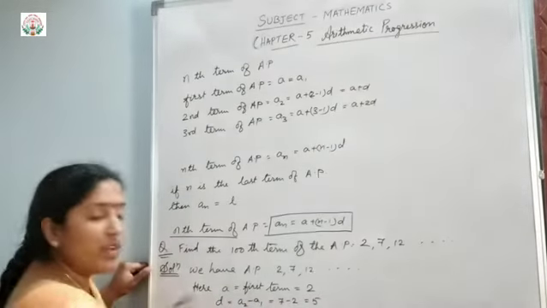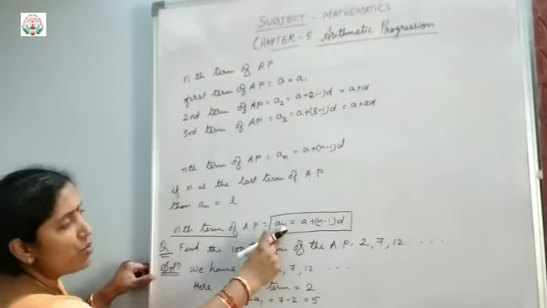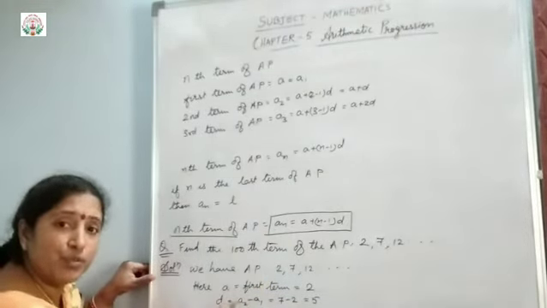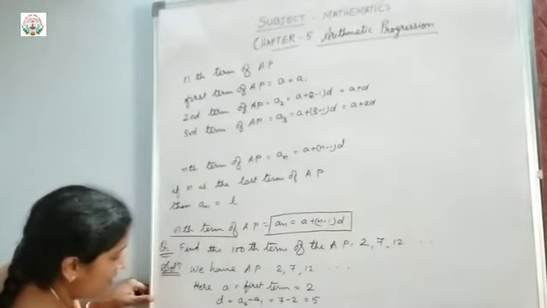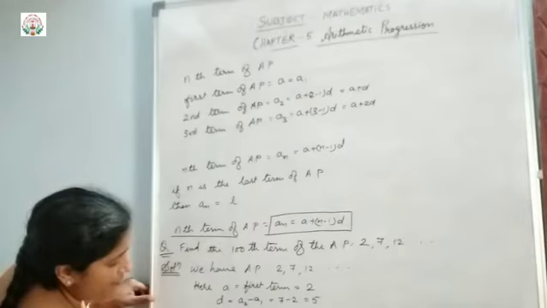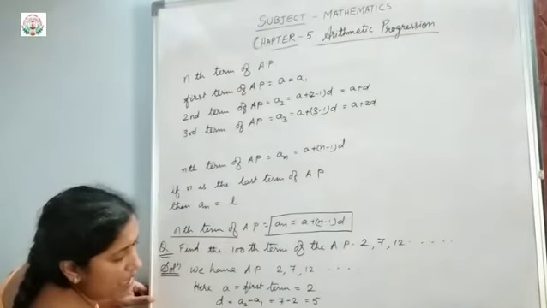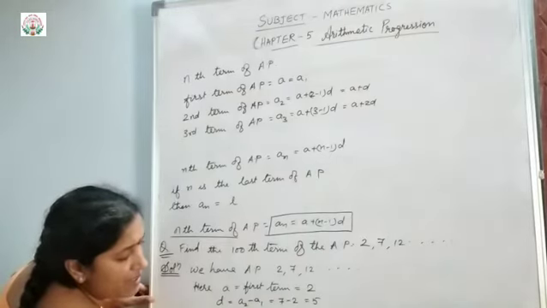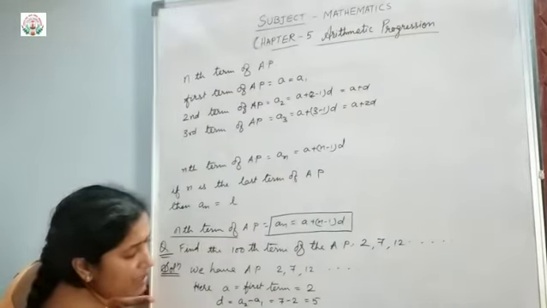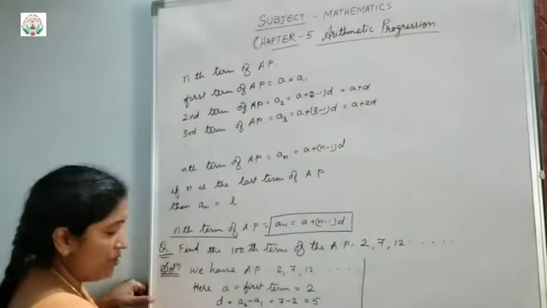Now what are we supposed to find? The 100th term. The nth term formula is An, so the 100th term is A100 equals A plus 100 minus 1 into D. Now put the values.